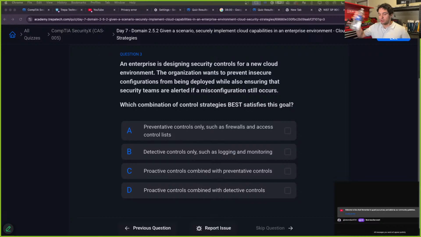Which combination of control strategies best satisfies this goal?